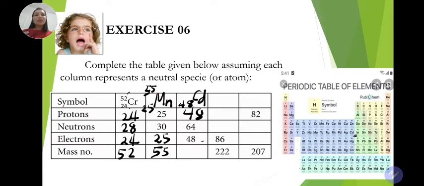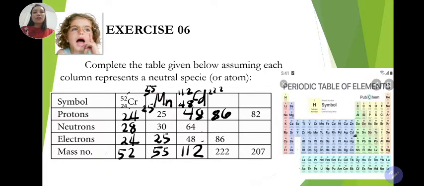Let's see what our mass number would be. That is the atomic number 48 plus 64, so it is 112. Okay. Now, next, we have our mass number, so we can place here mass number 222. The mass number of cadmium for this species is 112.